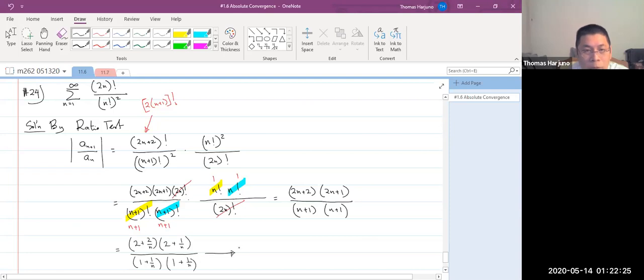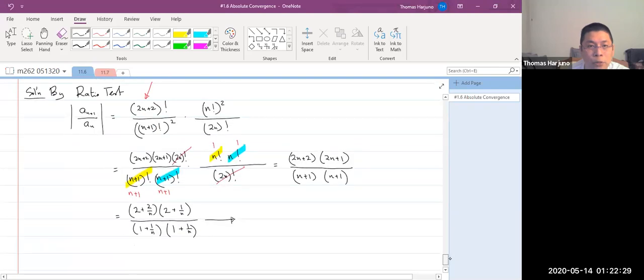So this converges to 4. Is that right? As n goes to infinity, which is greater than 1.